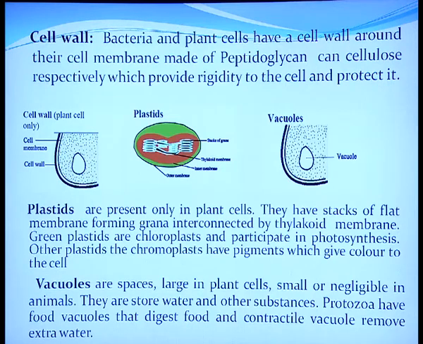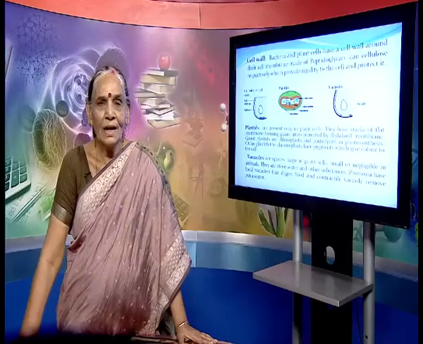So, a cellulose cell wall in all cells of plants, a peptidoglycan covering on the cell membrane in all bacterial cells. Second, plastids, which may be chloroplasts that are green in color, which give the leaves their green color, and which have the green pigment chlorophyll, which is responsible for carrying out photosynthesis. Plastids also may be chromoplasts. You can see the red flowers, which have a different pigment which gives a red color.